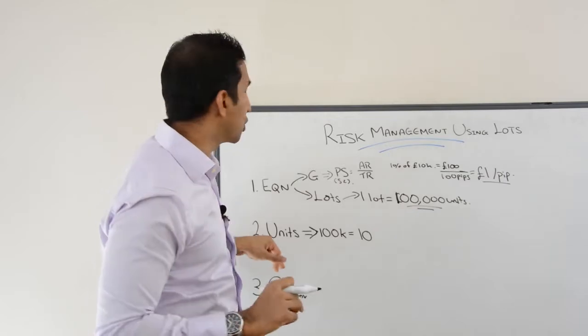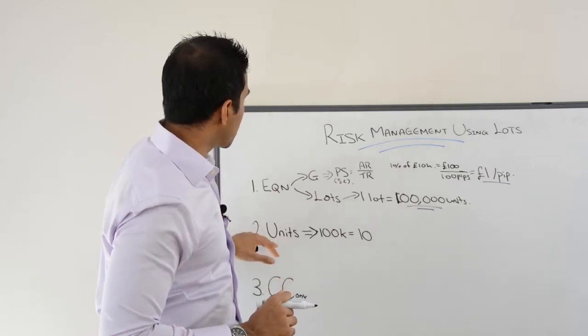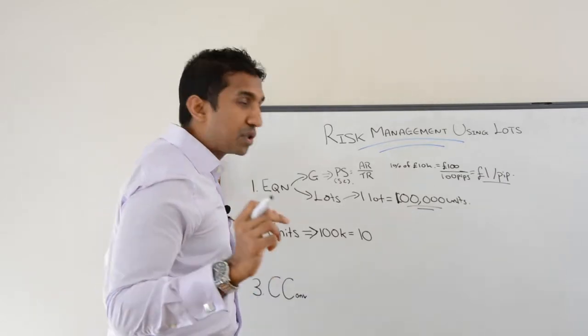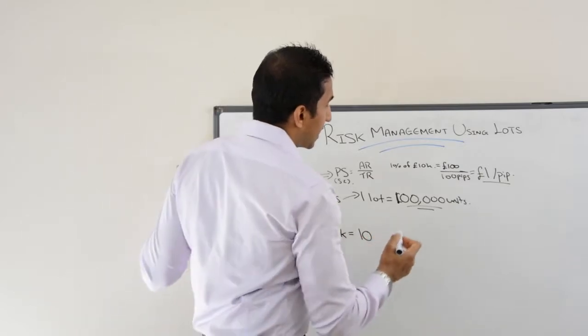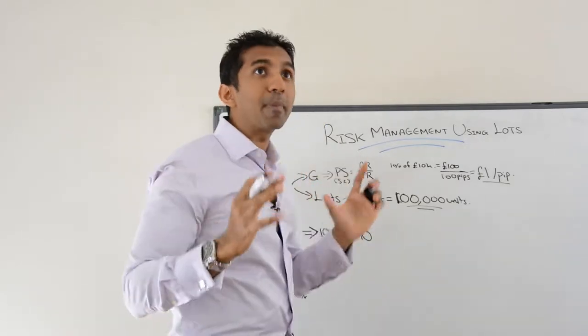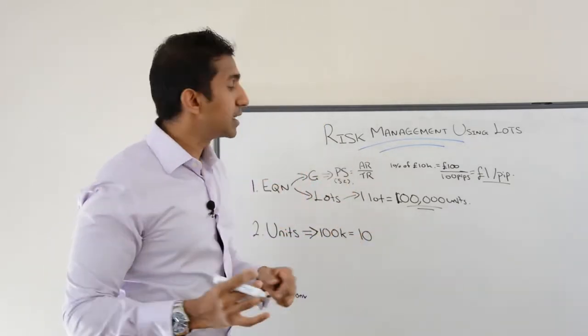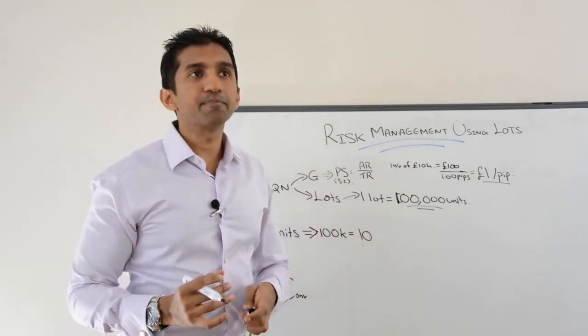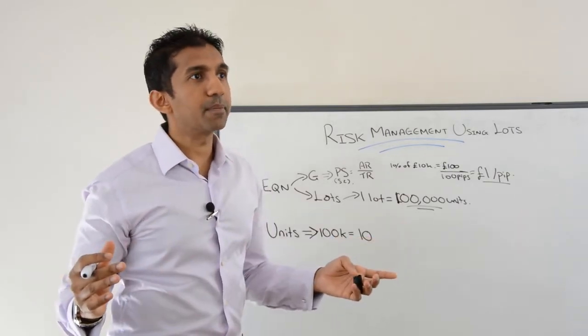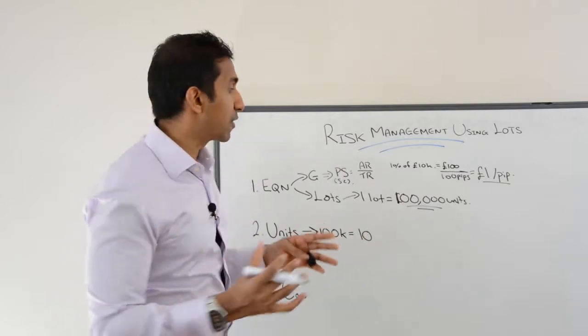This is the second point that you've got to understand, the units. Let me take your mind out of the market for a bit. Let's say you went to buy a bag of apples.